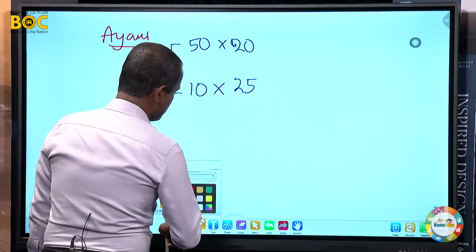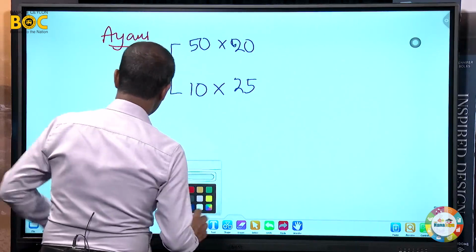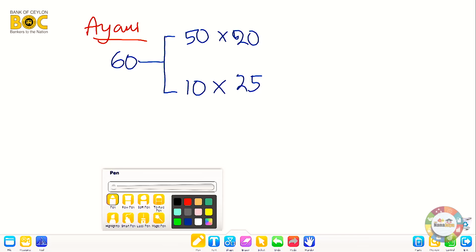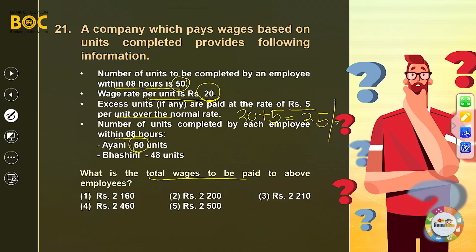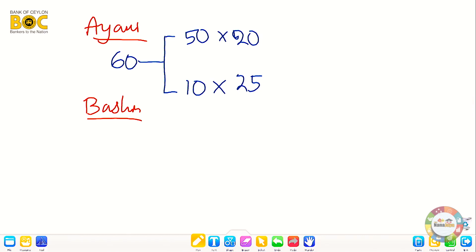The second employee is Bashini. What's her production? She has completed 48 units, whereas the standard production is 50 units. So she is below the standard.